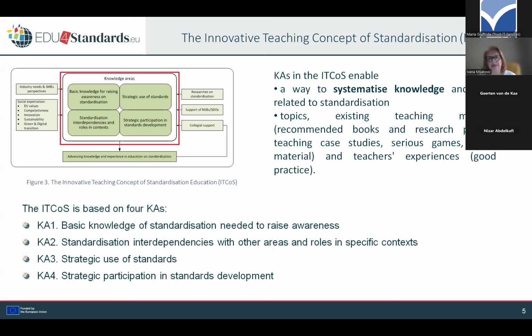The practical aspect is in the next two knowledge areas: knowledge area 3, strategic use of standards, and knowledge area 4, strategic participation in standard development. These are related to theory and practice.